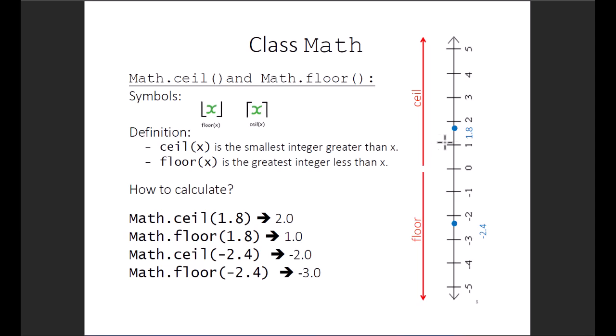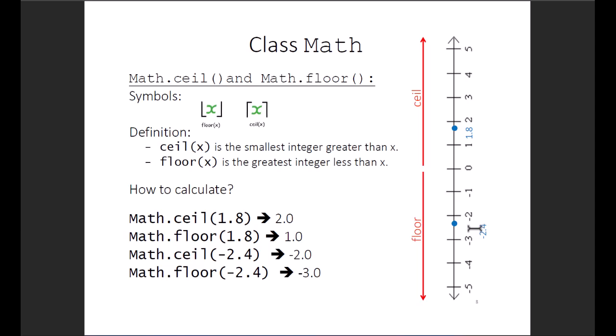And floor is always the bottom, a value that is below this number. When I say a value, I mean an integer. So the ceiling of 1.8 is the first integer after 1.8, it's 2. The floor of 1.8 is the previous integer, it's 1.